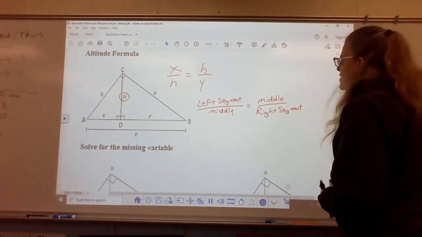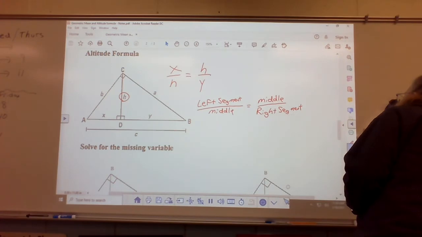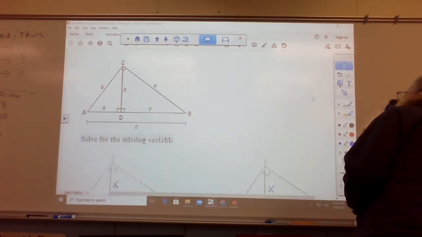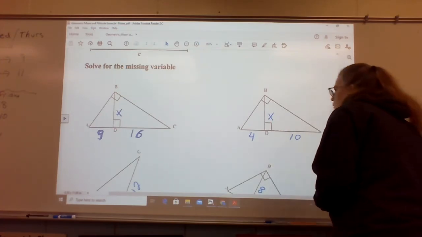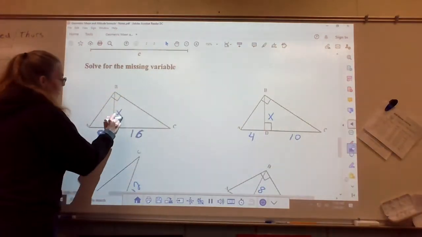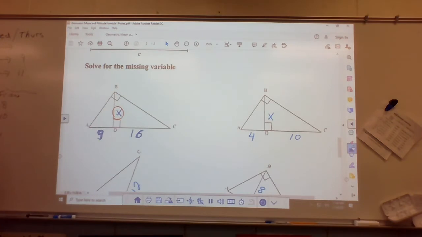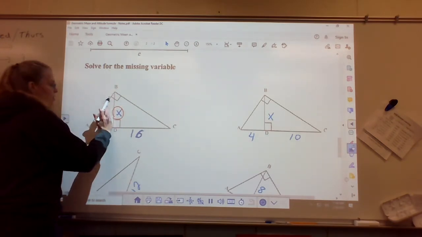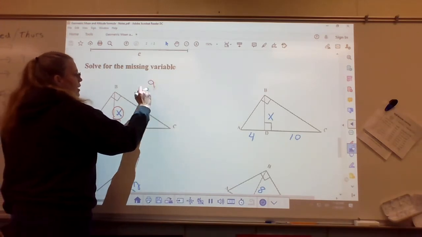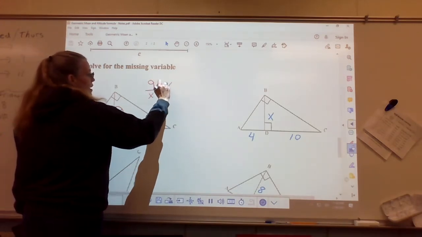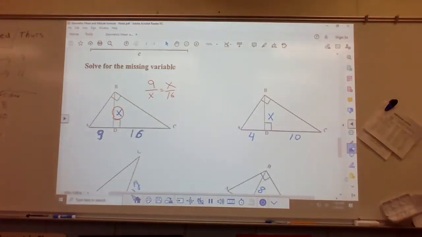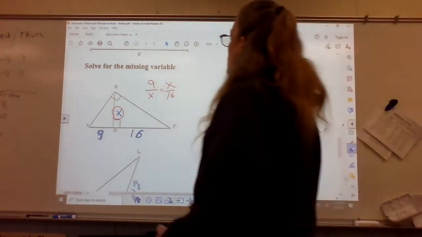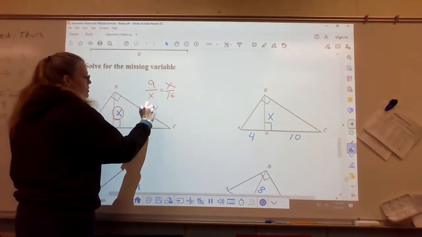And once you get the hang of this, this isn't too bad either. First 2. X is in the middle. I always like circling the one item I'm going to use twice. It gets used for here, it gets used for here. So 9 over X, X over 16. There's my setup. There's my picture. Multiply out your diagonals.